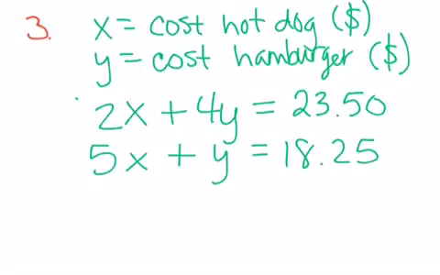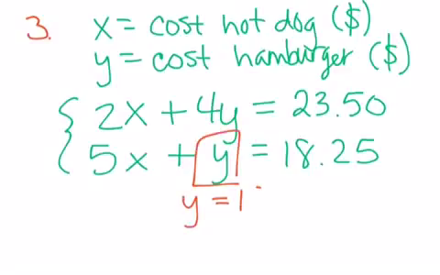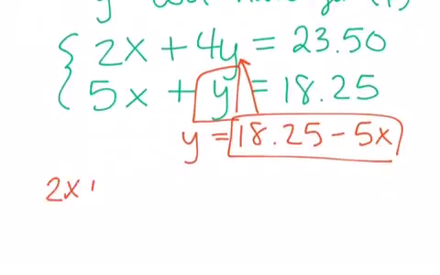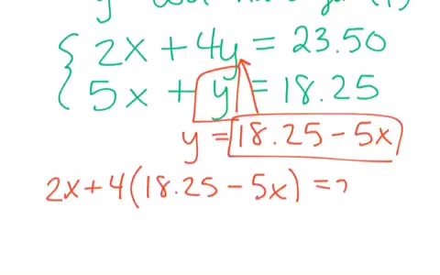So now again, you decide whether you're going to solve using elimination or substitution. I personally see that this y here is easy to solve for, which would give me 18.25 minus 5x, and I can plug that back into the first equation for y. So that gives me 2x plus 4 times the quantity 18.25 minus 5x is equal to $23.50.